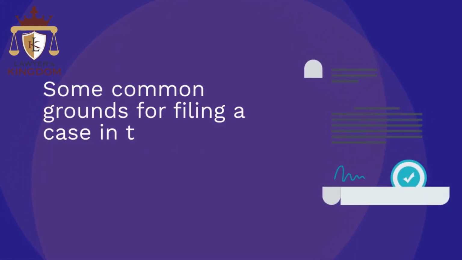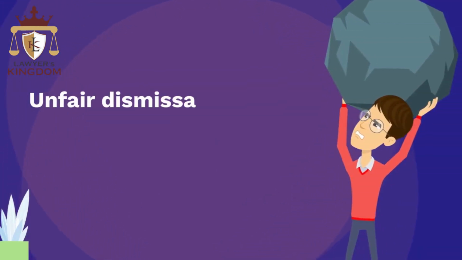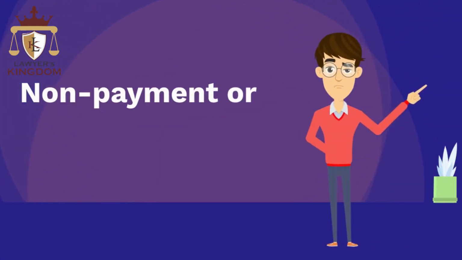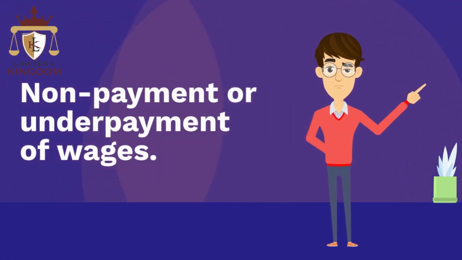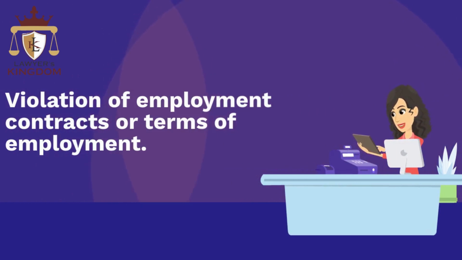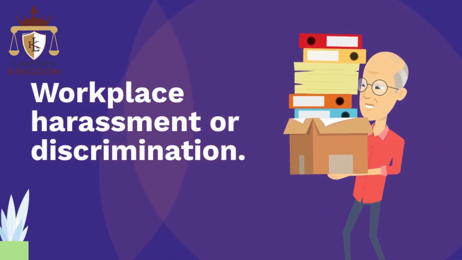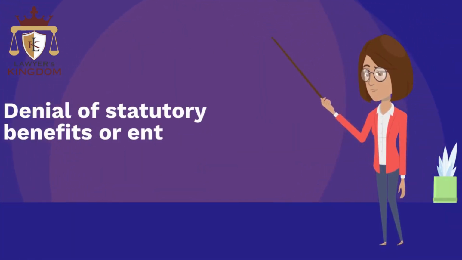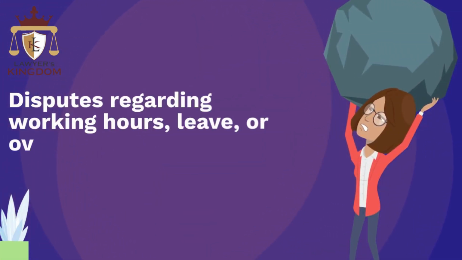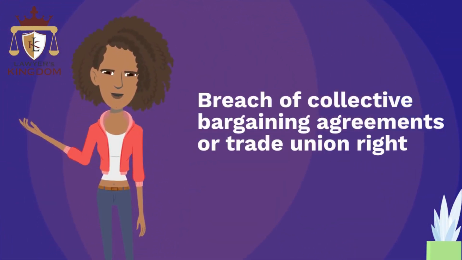Some common grounds for filing a case in the labor court include unfair dismissal or termination without valid cause, non-payment or underpayment of wages, violation of employment contracts or terms of employment, workplace harassment or discrimination, denial of statutory benefits or entitlements, disputes regarding working hours, leave, or overtime, breach of collective bargaining agreements or trade union rights.